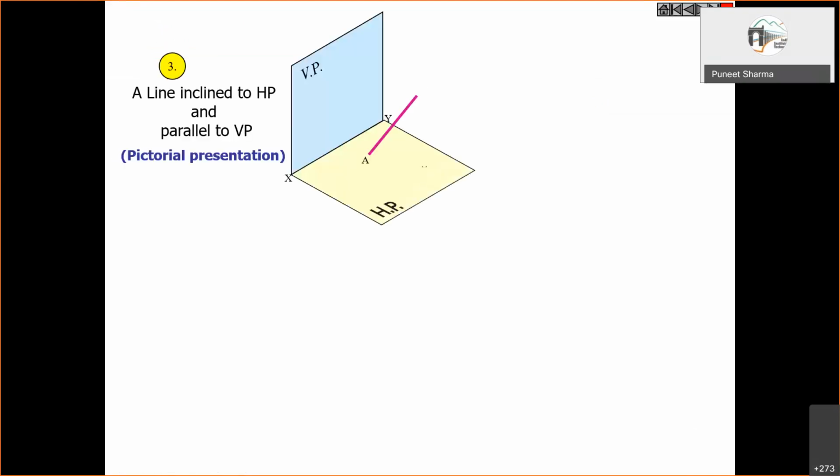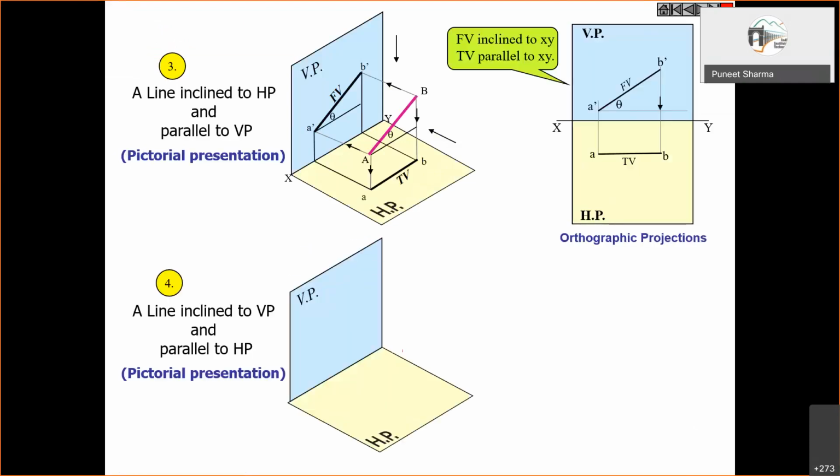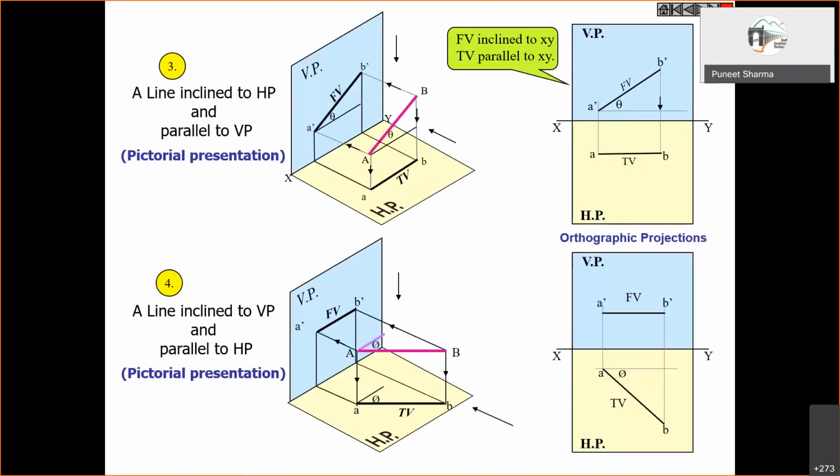As I had mentioned, we'll get back to this slide again, which we have already seen. We considered all these aspects when the line is parallel to the vertical plane and inclined to the horizontal plane. Then this inclination of the line, which is theta, is visible to us in the front view.